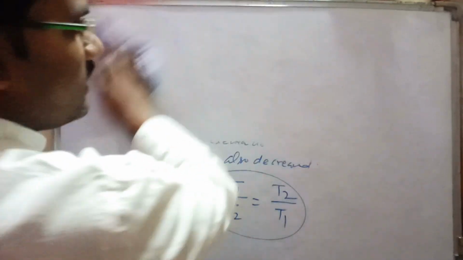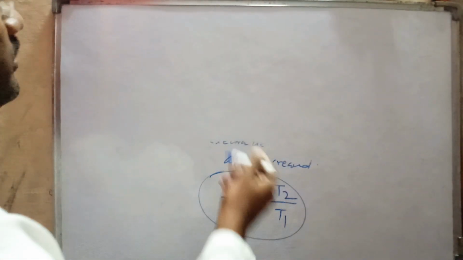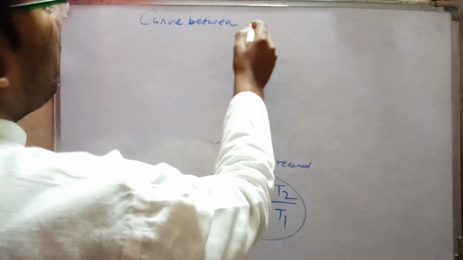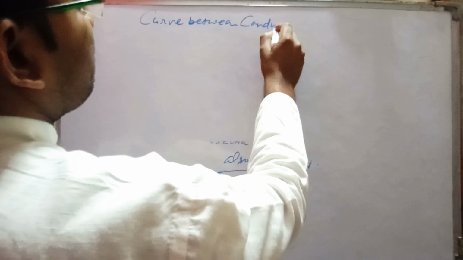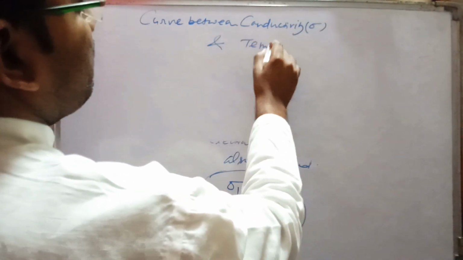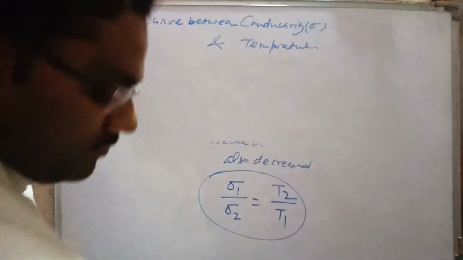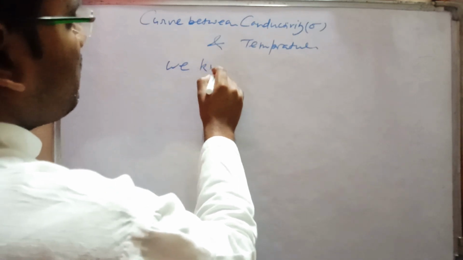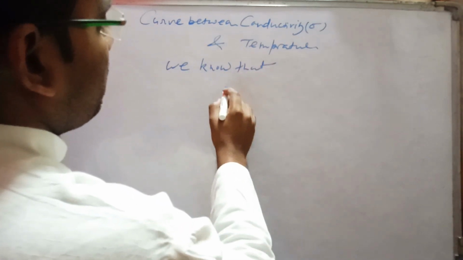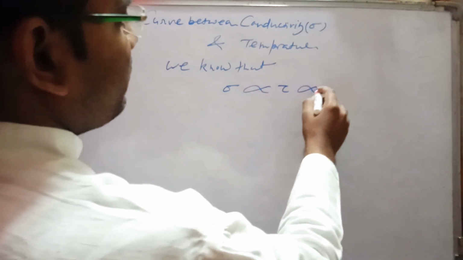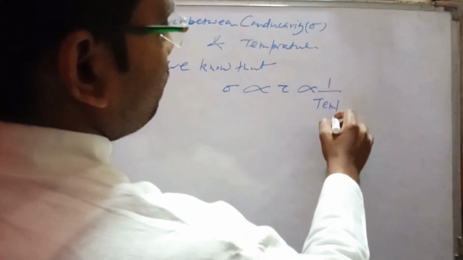Now in board examination, draw the curve between conductivity and the temperature. Curve between conductivity sigma and temperature. Here we know that conductivity is directly proportional to relaxation time, and relaxation time is inversely proportional to temperature.